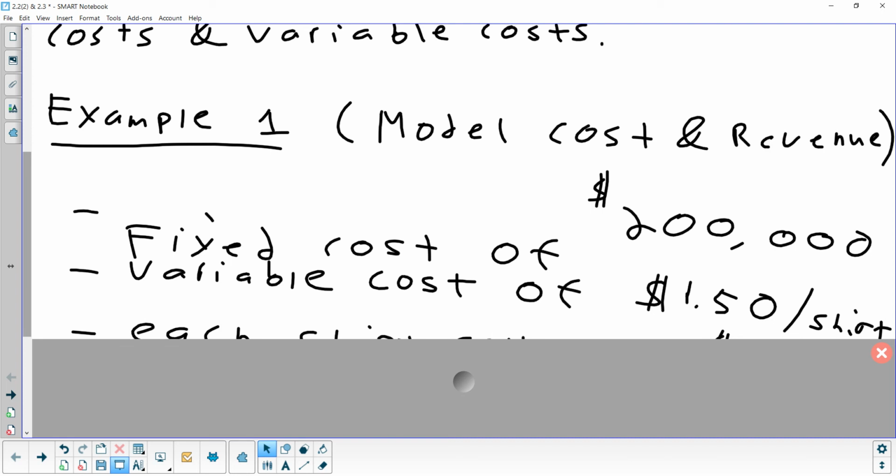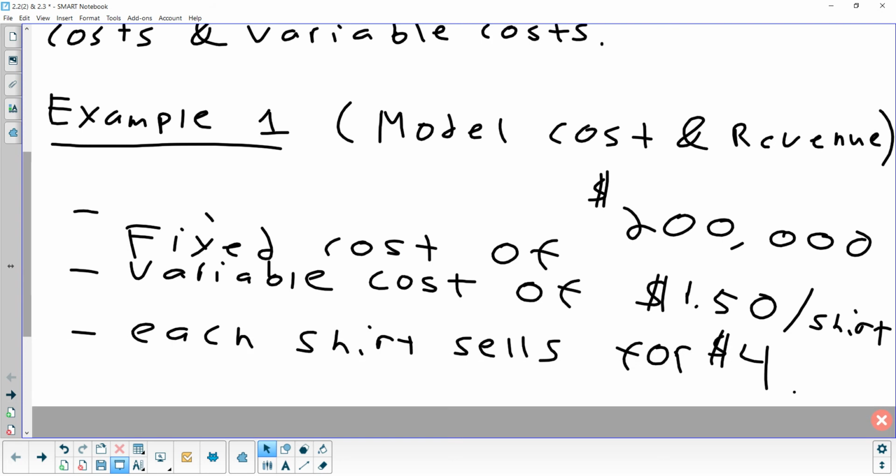Maybe that's the cost to run the machinery, to print on the shirt, to buy the blank shirt, all that stuff. But then they sell the shirt for $4. So they are going to make money, but it's going to take a while to start making money because they had to pay this $200,000 as a fixed cost.